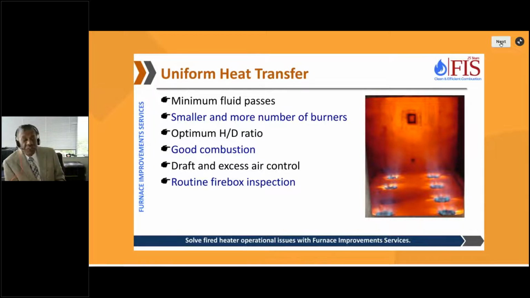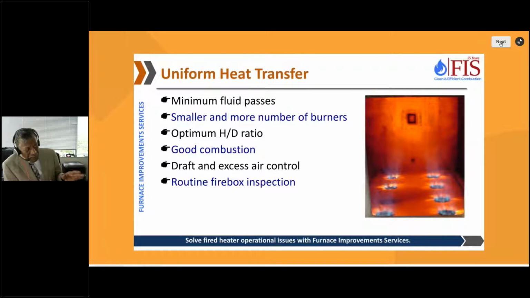So how can we have uniform heat transfer? One way is to use minimum number of fluid passes, use more burners, optimum H by D or H by W ratio, that means height to width ratio or height to diameter ratio. Have good combustion, you control the draft, control the excess O2, and also you do routine firebox inspection.